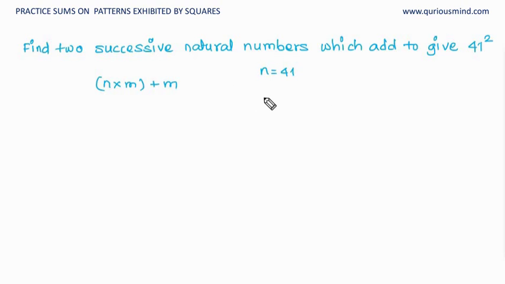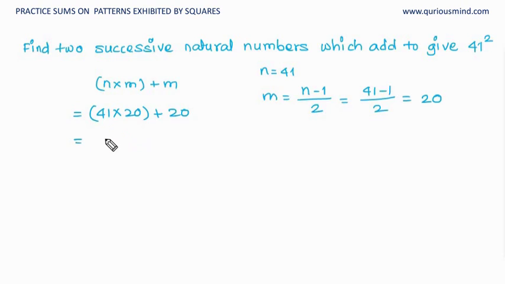And m is equal to (n minus 1) upon 2. So what is (n minus 1) upon 2? (41 minus 1) upon 2, and that gives me 20. So if I put this in the formula, it gives me 41 into 20 plus 20, and 41 into 20 is 820 plus 20, and that is equal to 840.